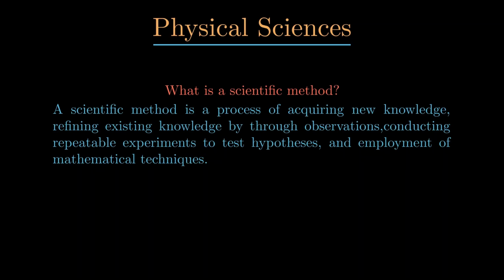And then it's done by making observations, and again you conduct some experiments to test these hypotheses, and you also apply mathematics. See what's the relationship on the variables that you're observing, and then describe this relationship mathematically.